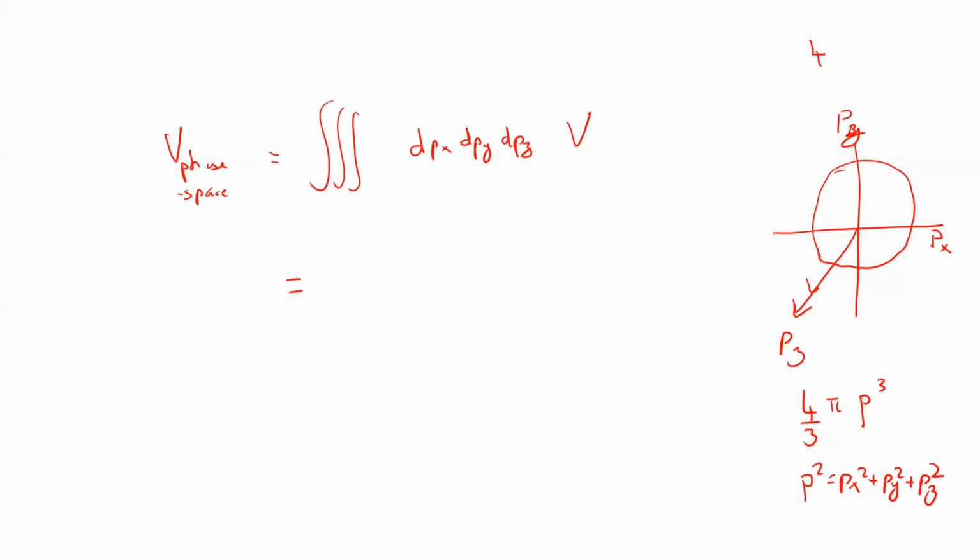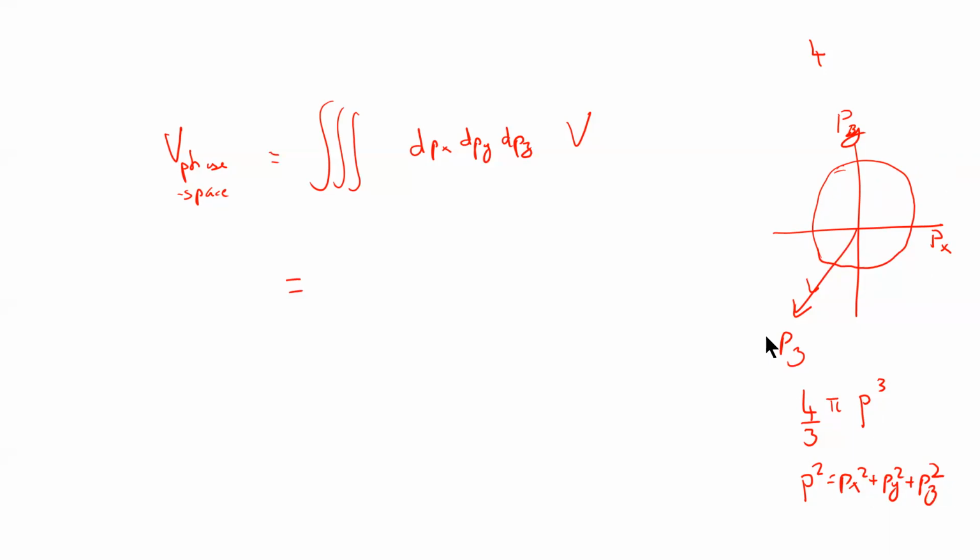So instead of putting r, I put p here. The radius of this momentum space sphere is obviously p.